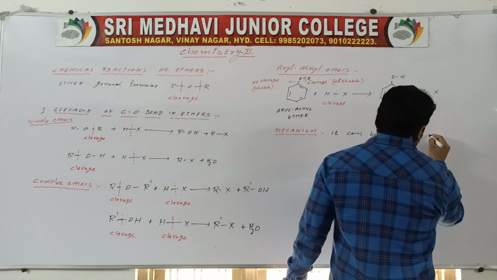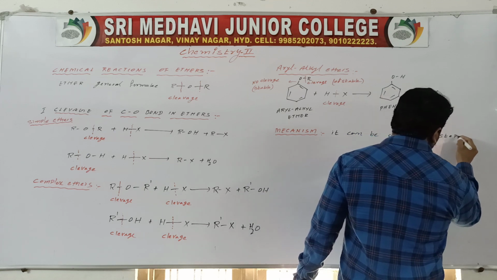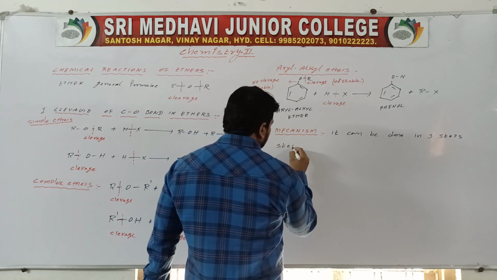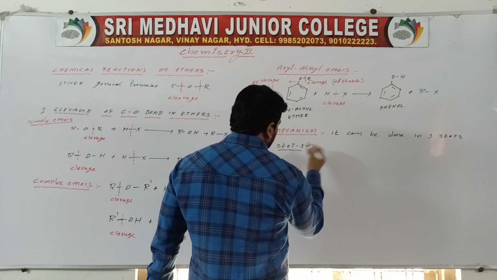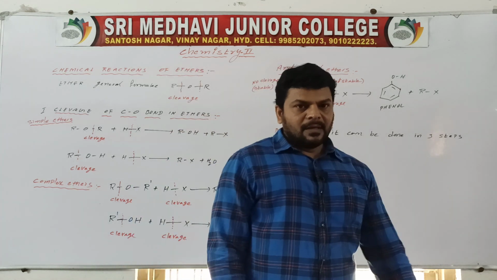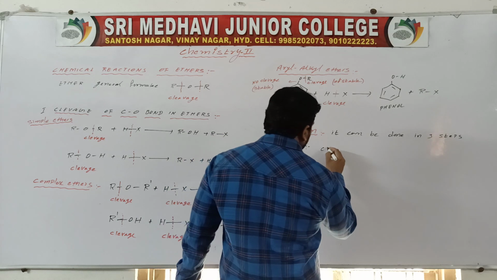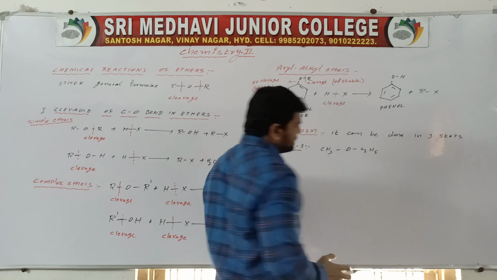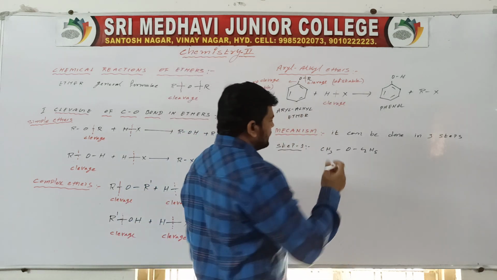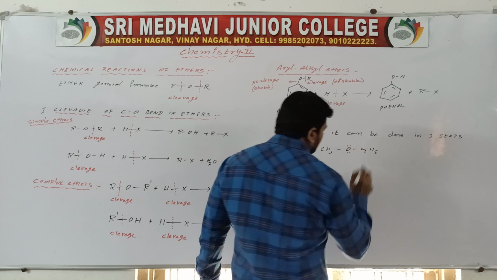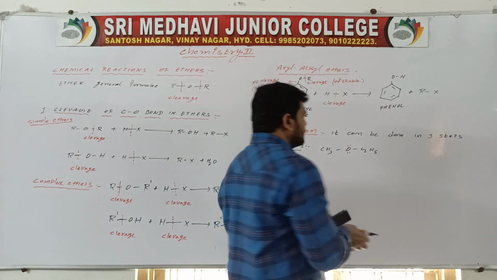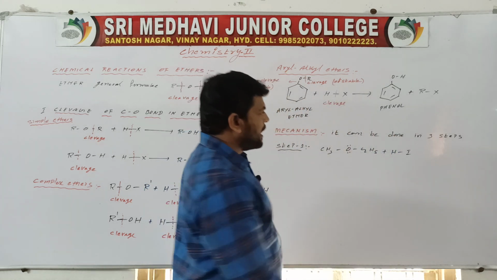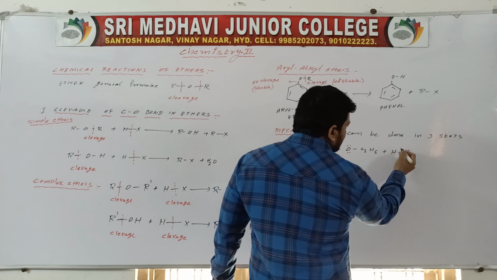Step 1: CH3O C2H5. Here it has 2 lone pairs. When added to HI, then what happened? The cleavage can take place here.